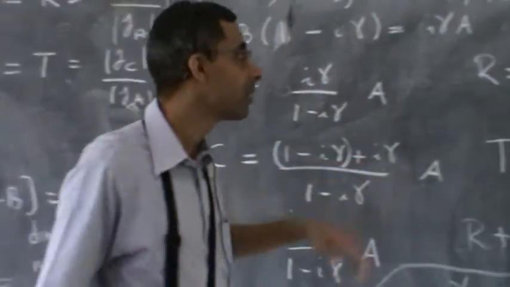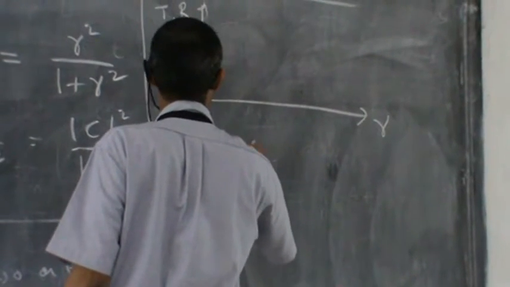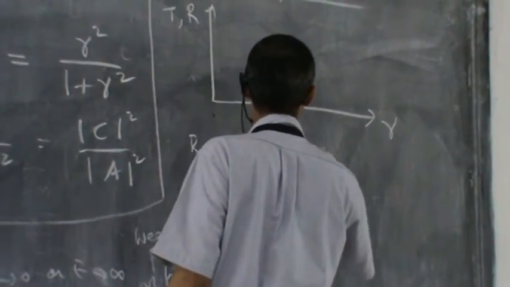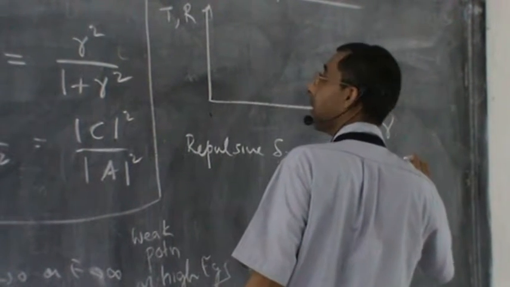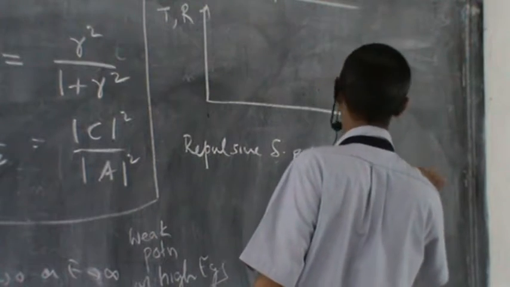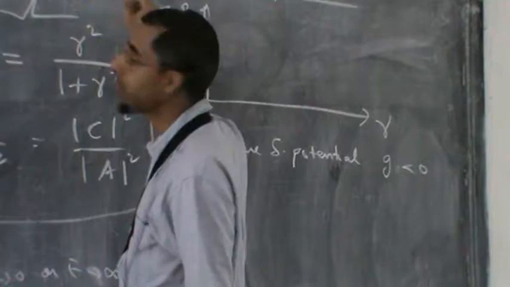Interesting observation. So a repulsive delta potential, that is G negative. So I make G negative, it will go from this to that.